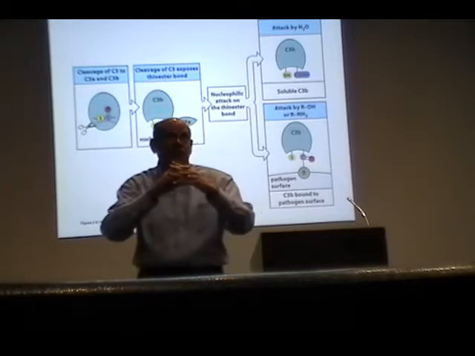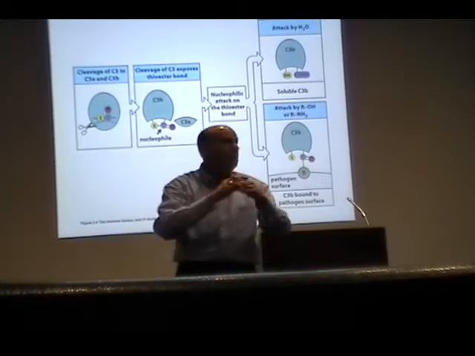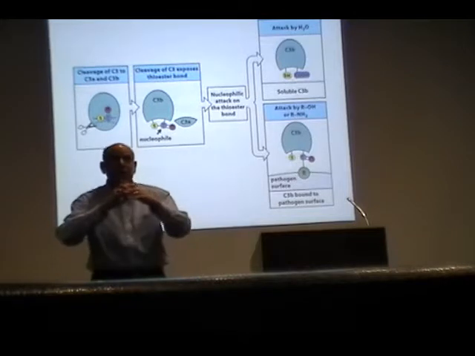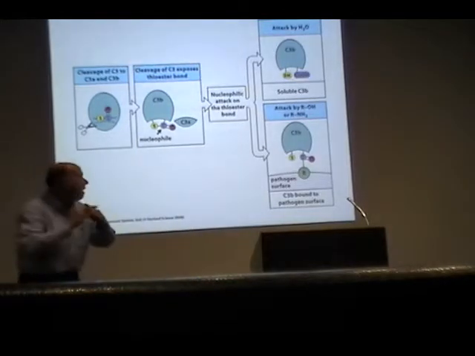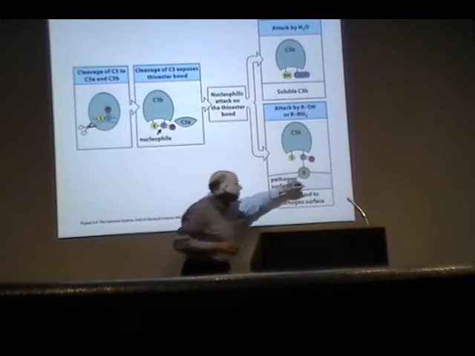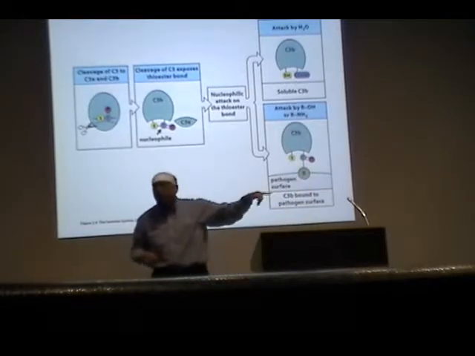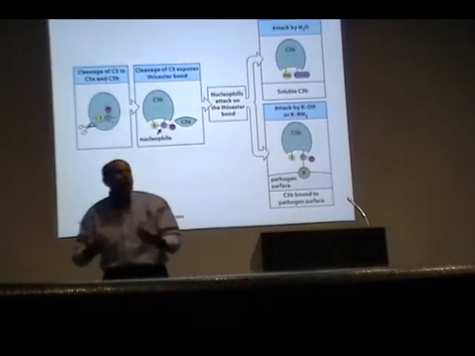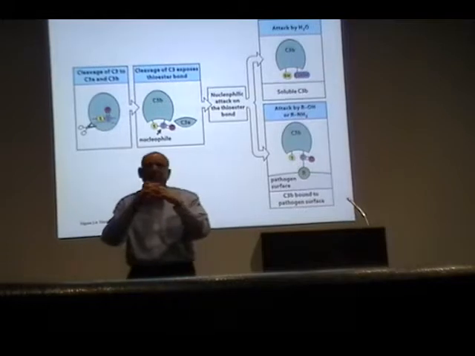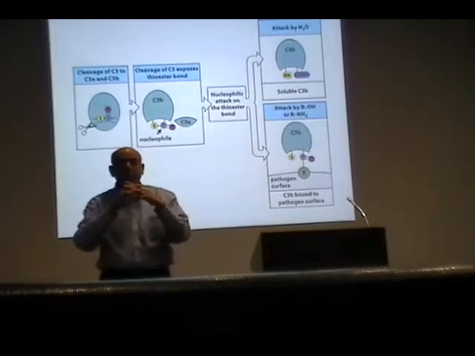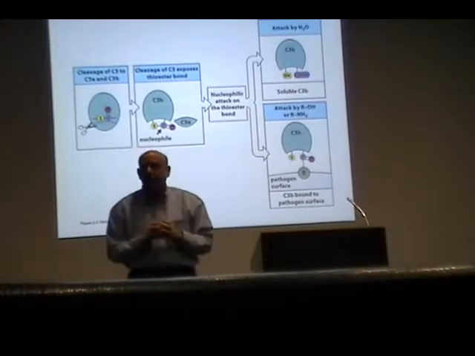That thioester bond is going to be available near the bacteria. That nucleophilic attack can occur, and C3b will be deposited on the bacteria by chance once in a while due to this random flexing of C3 revealing the thioester bond.